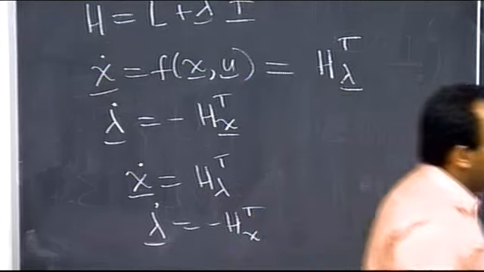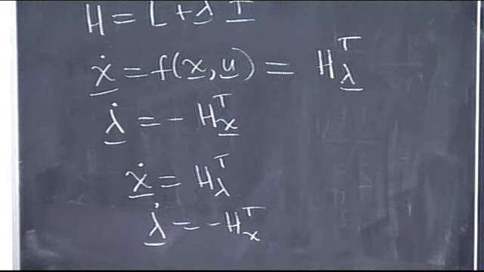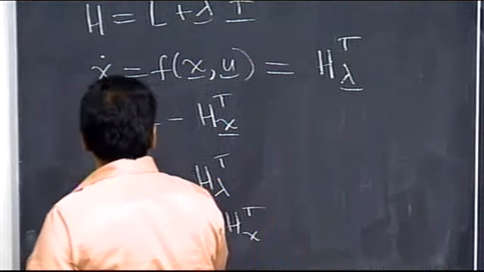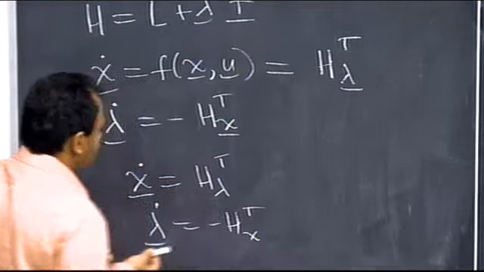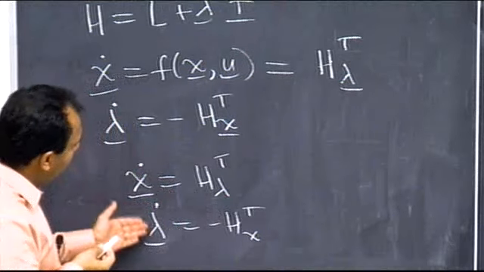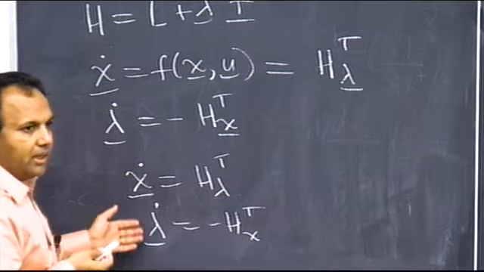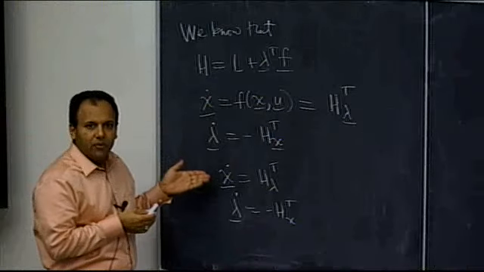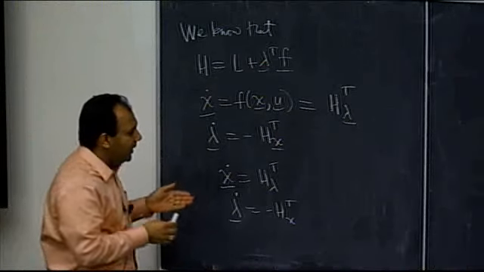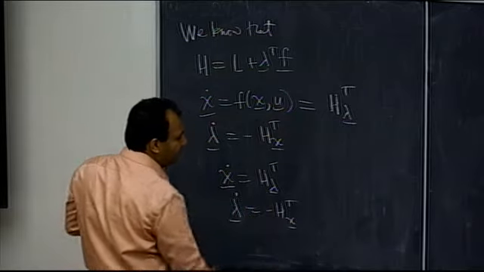Now, there was confusion, at least for a few people, so I'm sure others have this issue too. When you solve these problems, the equations for the costate are not decoupled from the equations for the state. This is a coupled system of equations.